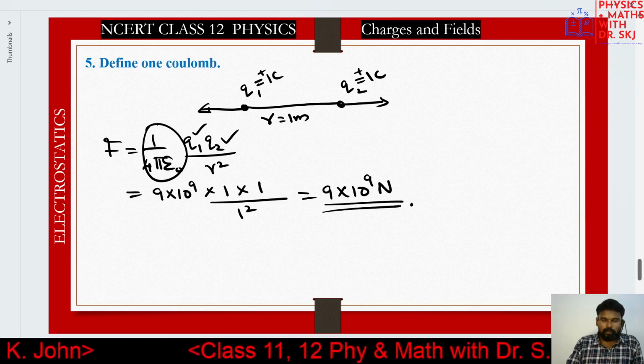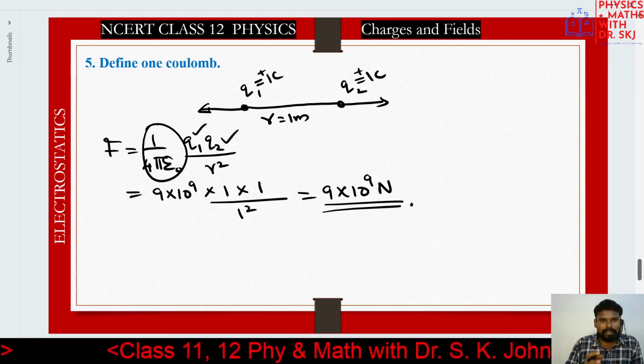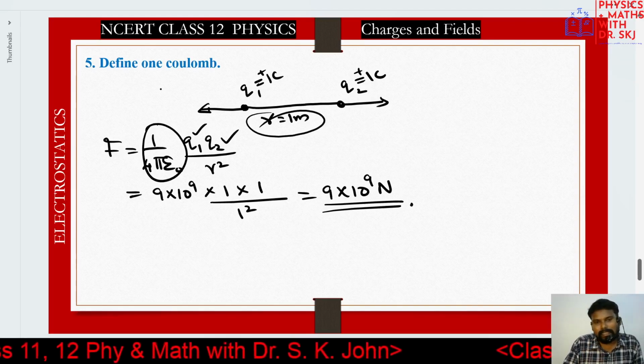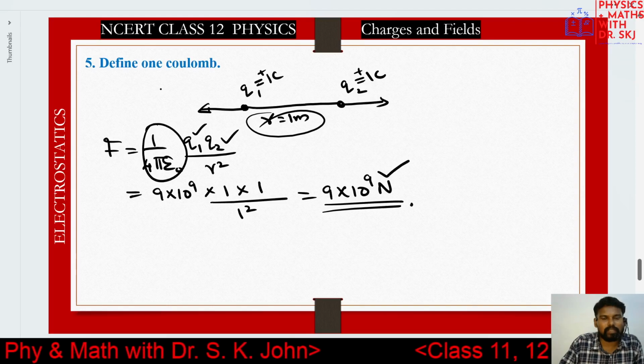So if 1 Coulomb charges are placed in vacuum or air at a separation of 1 meter, they will experience a repulsive force of 9 into 10 raised to 9 Newton.